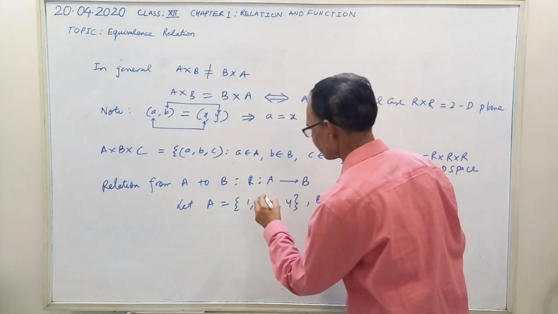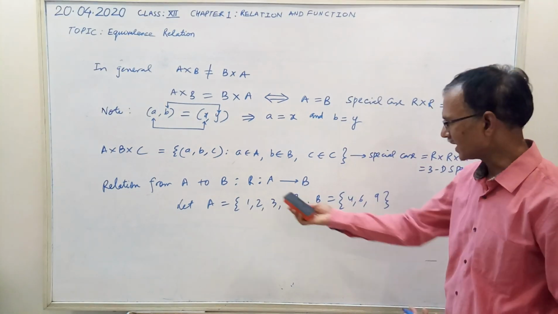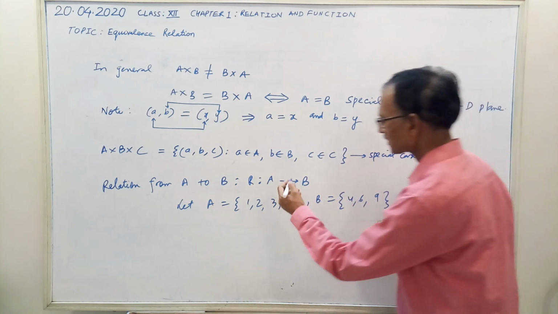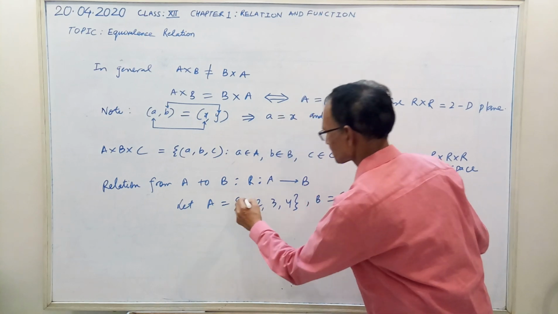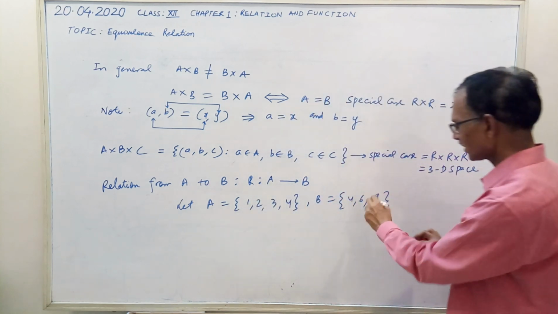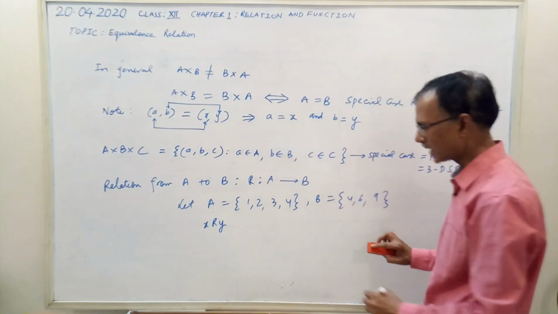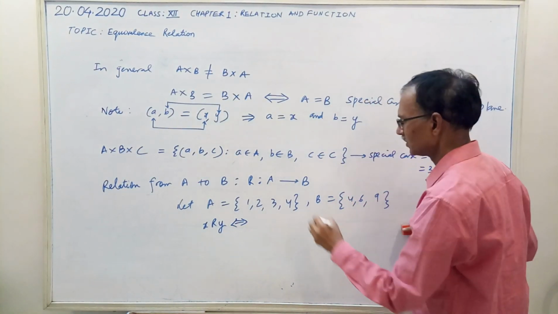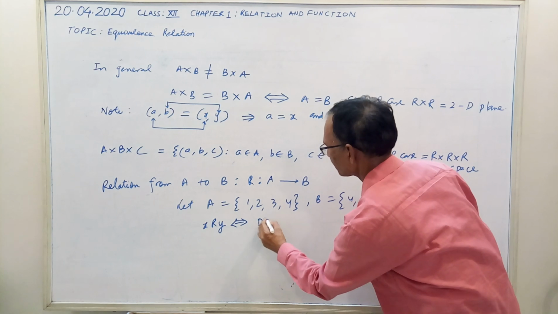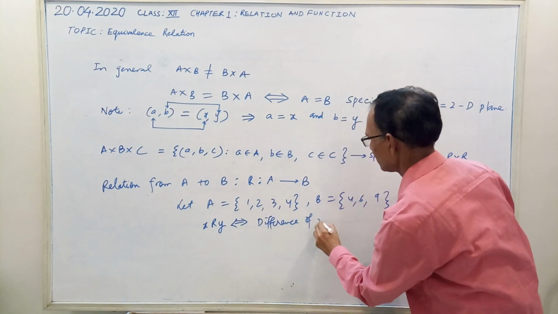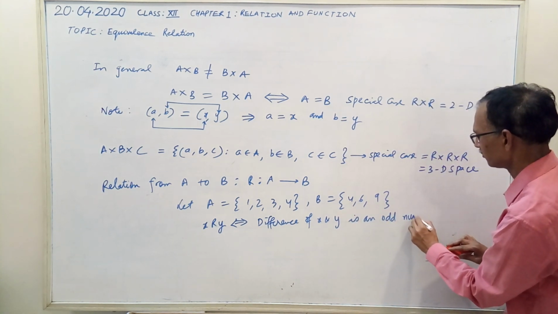and a relation is defined. Relation means there is a rule which will be making pairs or connecting elements of A to elements of B. So here the rule is that suppose x belongs to A and y belongs to B, then x is connected to y by rule R if and only if x minus y or y minus x, meaning the difference of x and y, is an odd number.